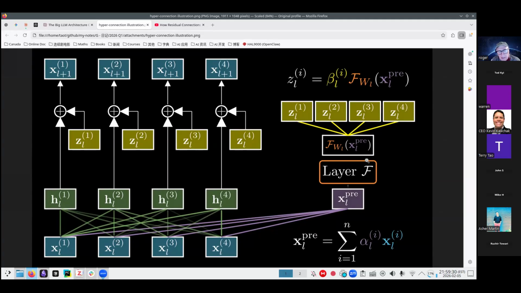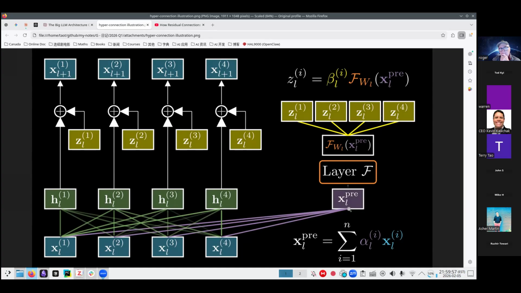Yeah, so my question would get back to when you're comparing this to the baseline. So you've got four residual streams, each of width... Oh no, this L is the layer number, not the width. The width doesn't show up here, it looks like. The width is just the normal width.